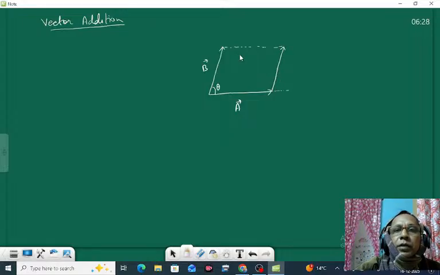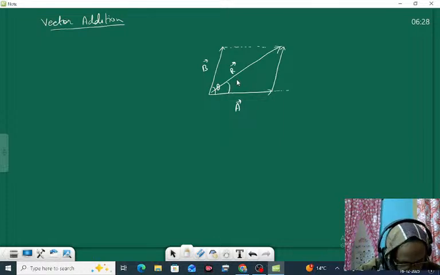This is B vector. So you can say that the resultant vector is this one. This is the resultant vector, or the diagonal of the parallelogram. And this resultant, suppose, makes an angle of alpha with vector A, right?